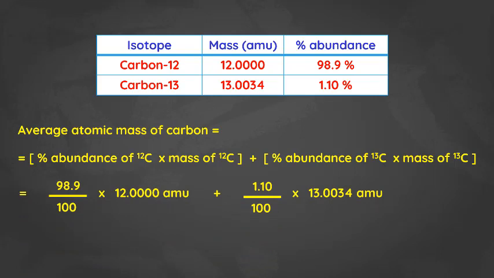From the calculation, the average atomic mass is 12.0110 AMU. Average atomic mass is expressed in atomic mass unit, AMU. Remember, most of the carbon on Earth is carbon-12, so the average atomic mass of carbon should be really close to the atomic mass of carbon-12.